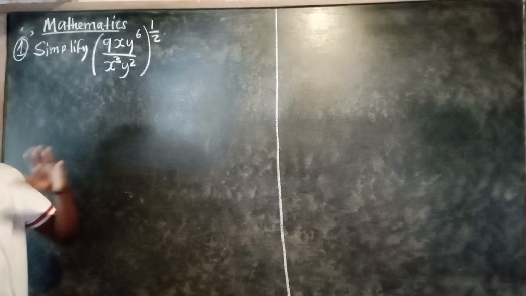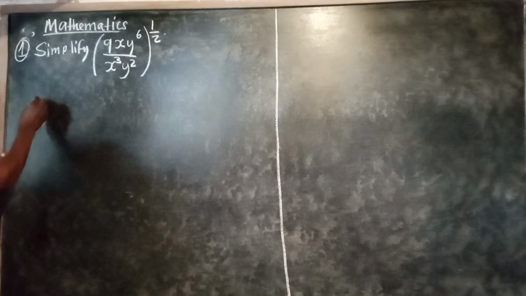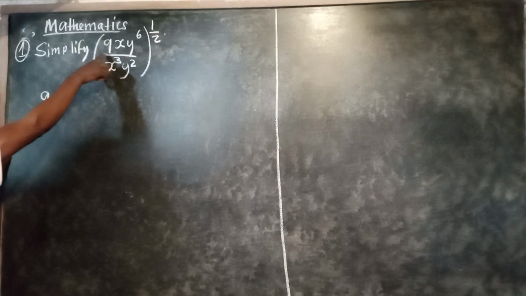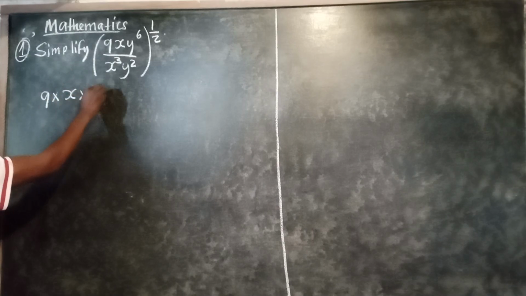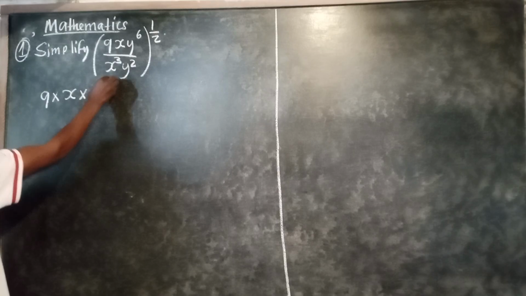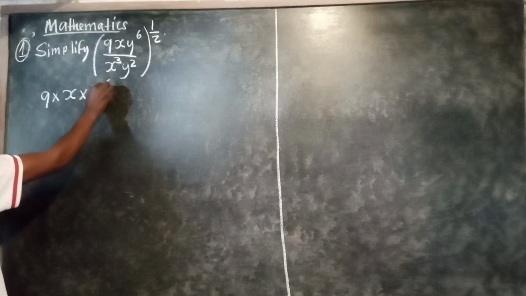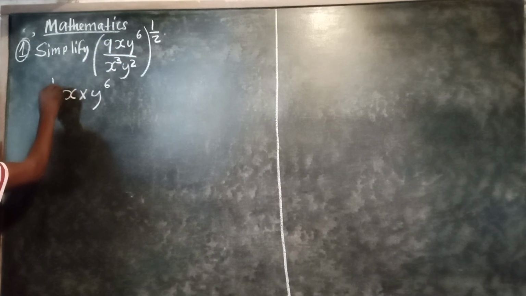When simplifying, we'll start by saying this is 9, times x, times y power 6. Now this 9 is raised to power 1 over 2, so we'll say 9 power 1 over 2.